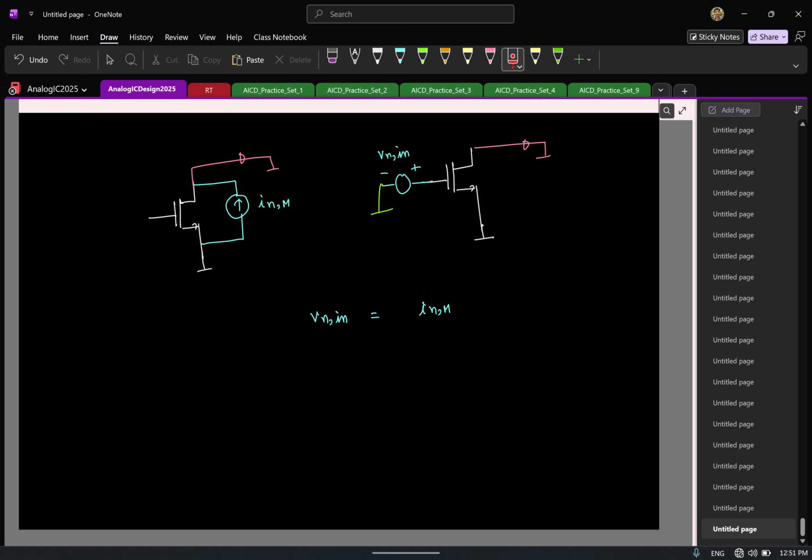So what is VnM in terms of InM? What will be the power spectral density of this? What is the power spectral density of the noise current? Gamma gm, so this will be 4kT gamma gm by gm squared.